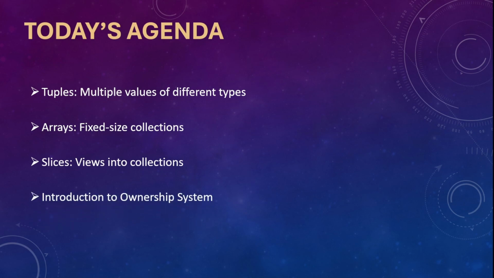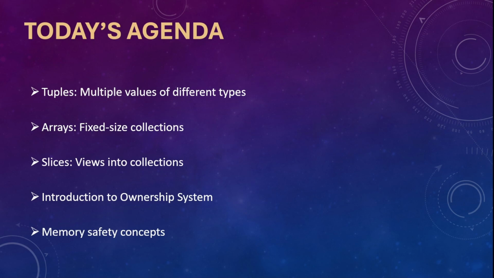Next would be the introduction to the ownership system, followed by memory safety concepts. This is a crucial video because we are building the foundation for understanding Rust's most unique feature, which is the ownership system that guarantees memory safety without a garbage collector.